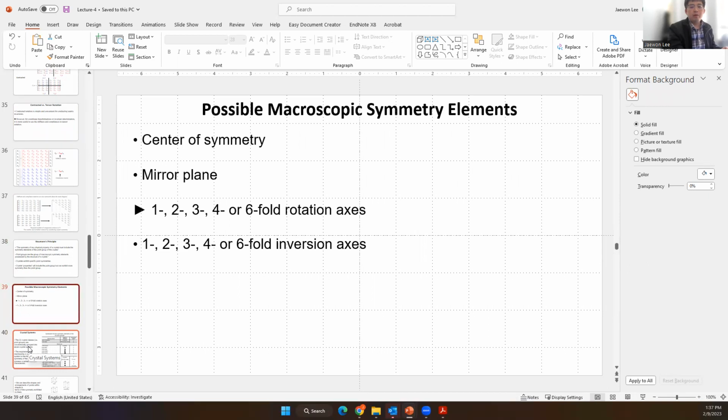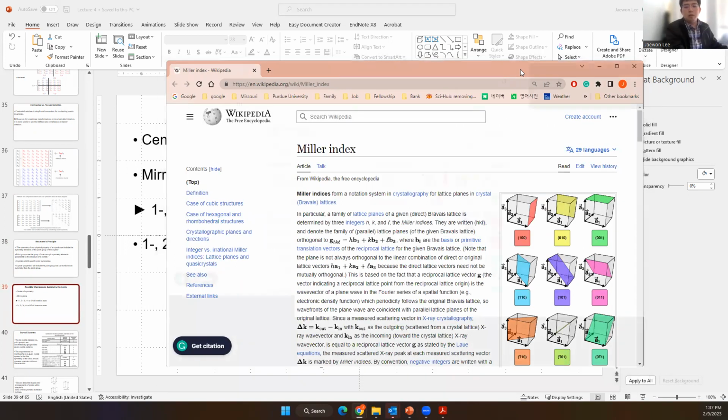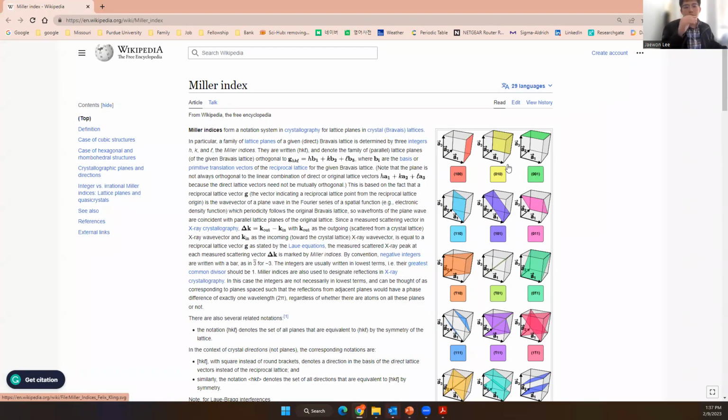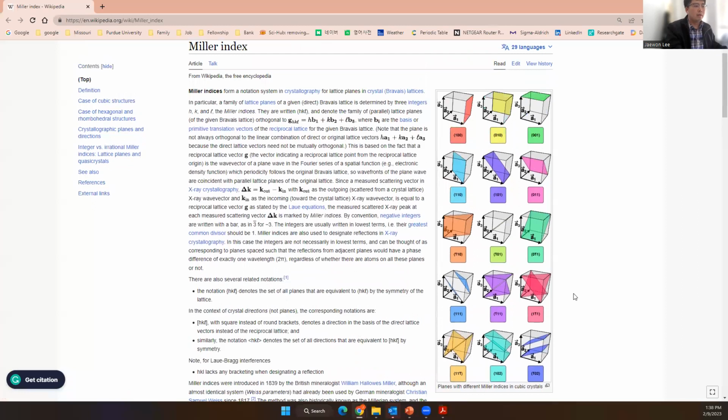Have you ever heard about mirror index? Because it's not a prerequisite course, I would like to check, because there are a lot of the polymer people in this class. Are you familiar with this or not?